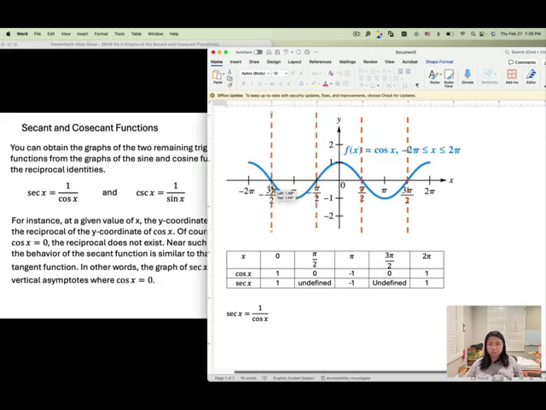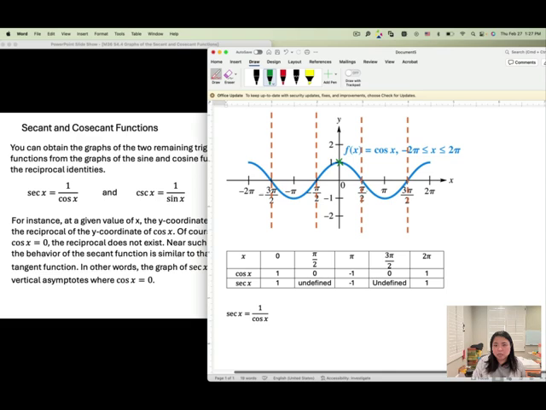One more here. Now you could see when x equals 0, secant x will be equal to 1, and when x equals pi, secant x will be negative 1. Same idea here, here, and here.